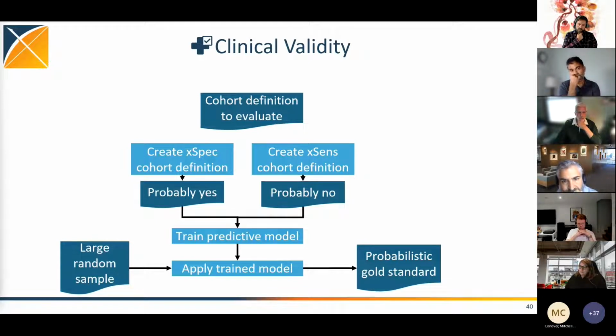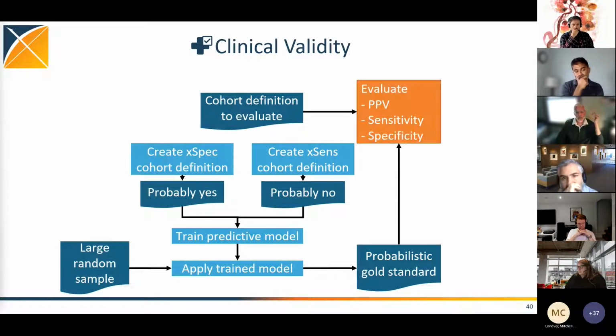We apply the prediction model to that large sample to get what we call a probabilistic gold standard. So we have a large set of people, each with a predicted probability of being a case. At that point, we can go back and evaluate the cohort definition, the phenotype algorithm that we wanted to evaluate. Once that evaluation is done, we can develop positive predictive value, sensitivity, specificity, and negative predictive value.